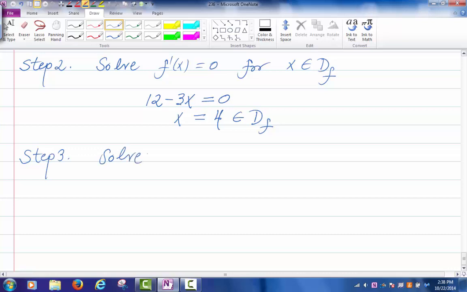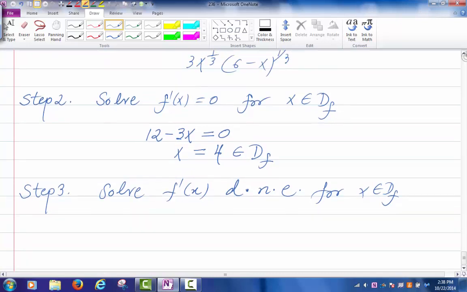Step 3. Solve f prime of x does not exist for x in the domain of f. Well, it doesn't exist for what values of x? Can you just look at the derivative?